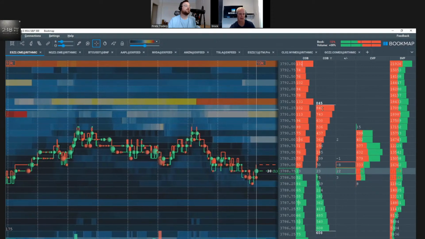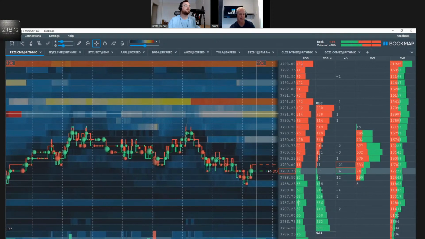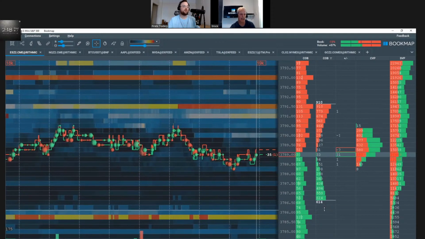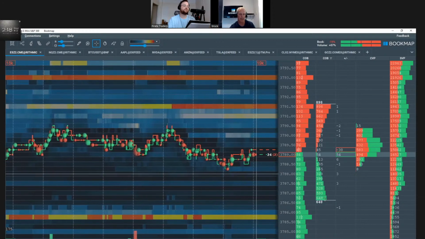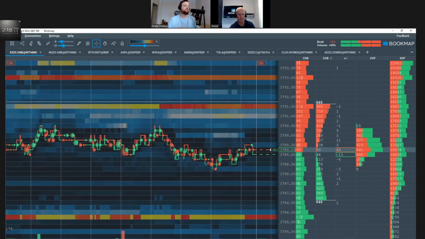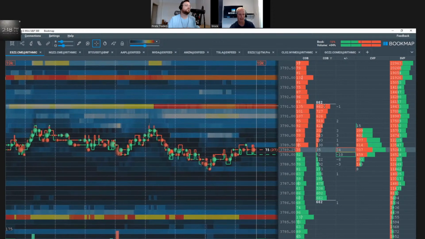So there's 700 or 800 orders here, basically. So it's just giving you some insight into the balance of the book, 10 deep on each side, and if there is an imbalance. So we see a little bit of imbalance right now.